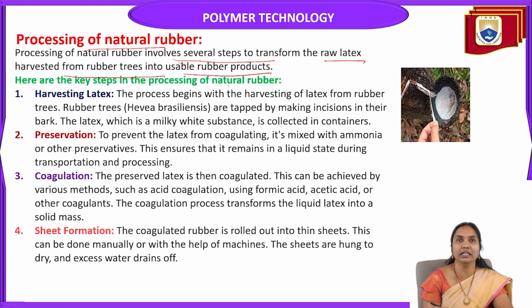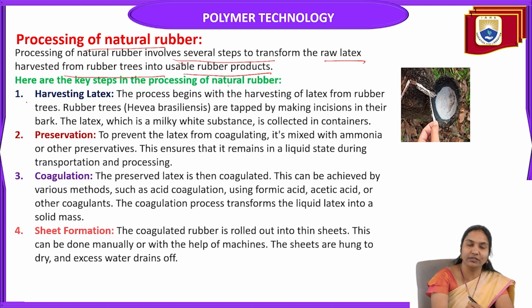In this case, first we obtain natural rubber in the form of latex from the rubber trees, and then transform it into usable rubber products. This is called processing of natural rubber.